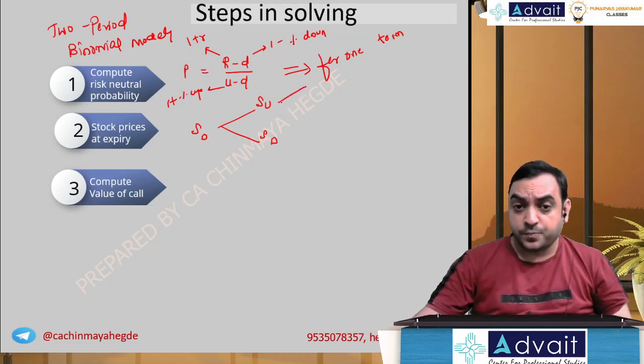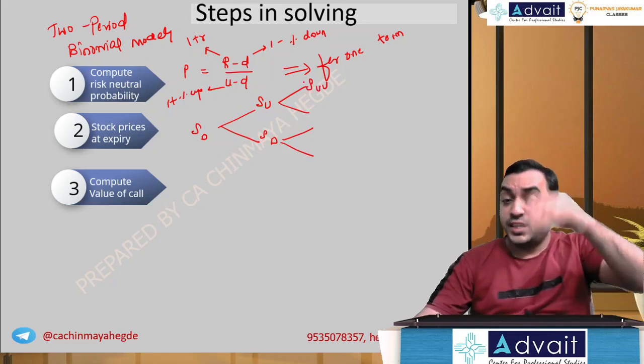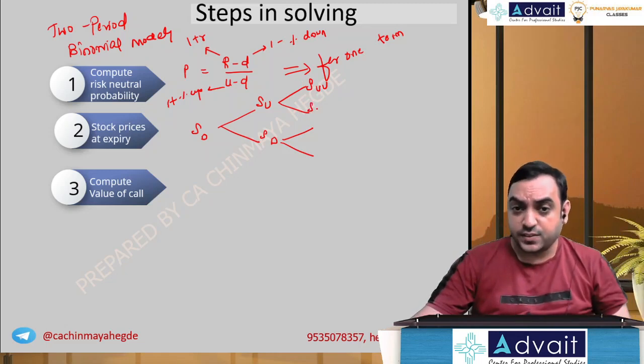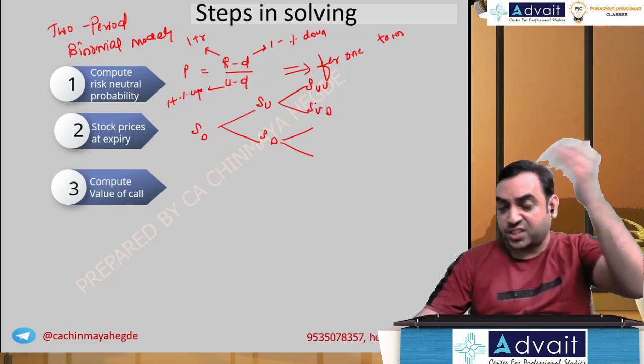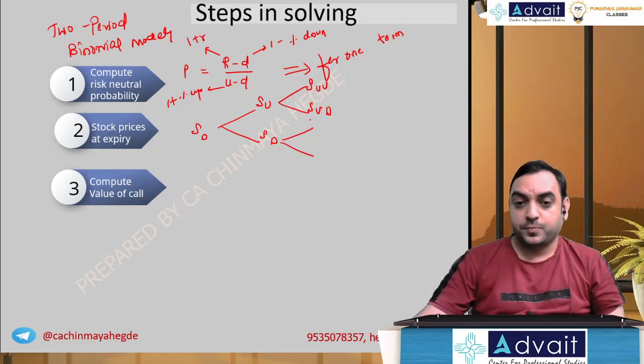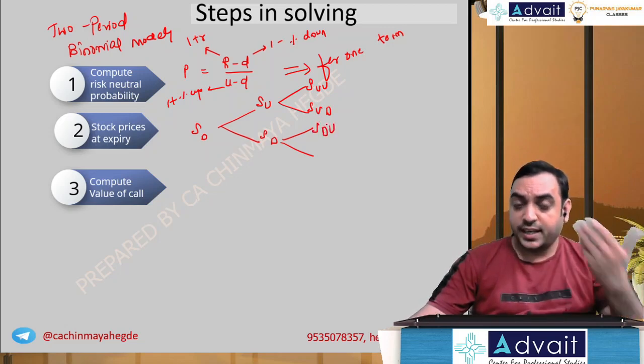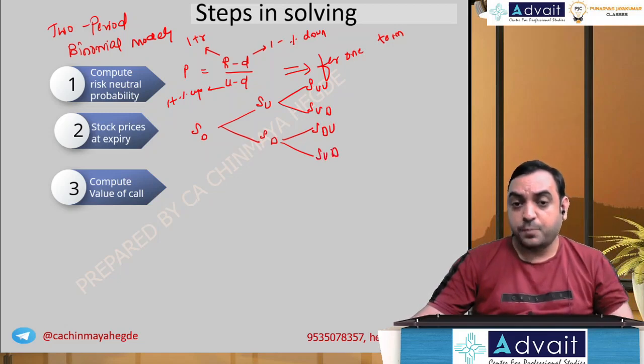Again, further up, down, further up, down. It's called SUU, market price up in the first term and up in the second term. Then SUD, up in the first term, then down. Then SDU, down and then up. SUD, up and then down.